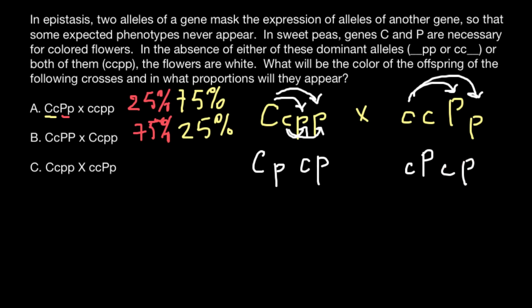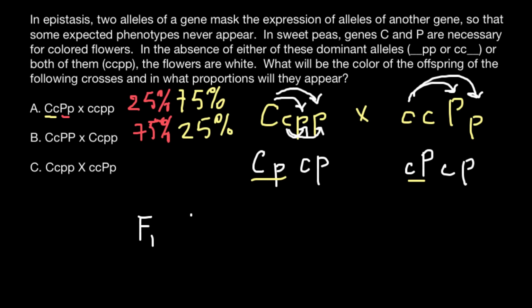So let's also cross them, and for the F1 generation we are going to get the following genotypes. So let's cross these gametes.